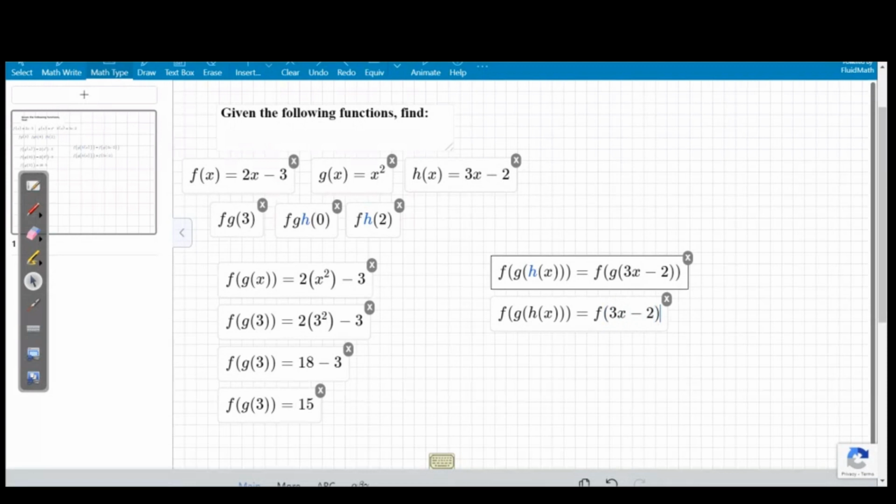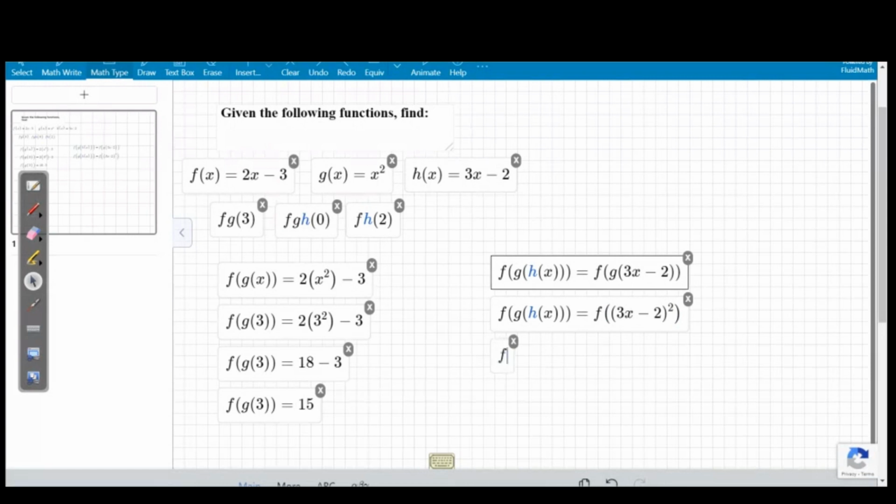We have to introduce another bracket, all raised to the power 2. Right? Now we plug in this 3x minus 2 all squared into f. So wherever we see x, it becomes 3x minus 2 all squared.